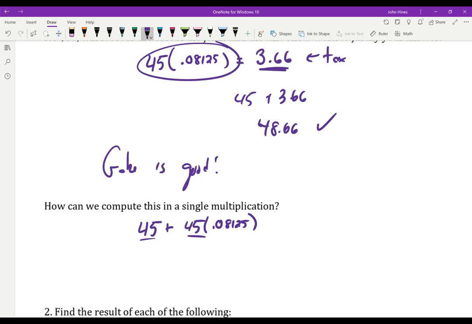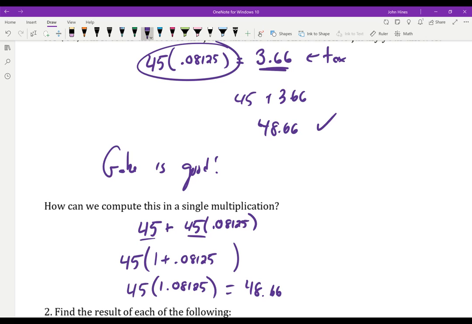And notice these both have a 45 in them, so I'm going to undistribute that, and I'm left with 1 plus that decimal there. So when I'm at a store, here's what I do. I pull out my calculator and do this quick little multiplication. I do 45 times not just the decimal, I'm going to do 1.08125. And that right there spits out 48.66 like we got above.